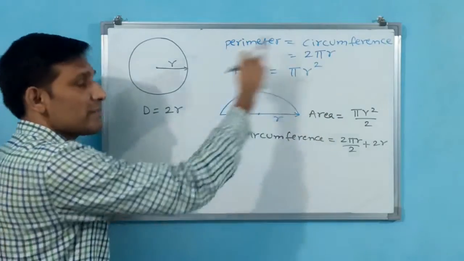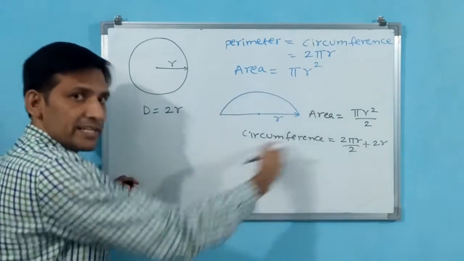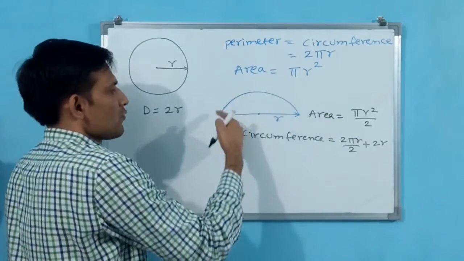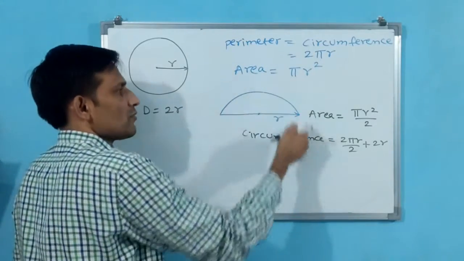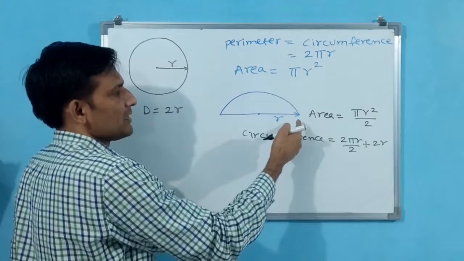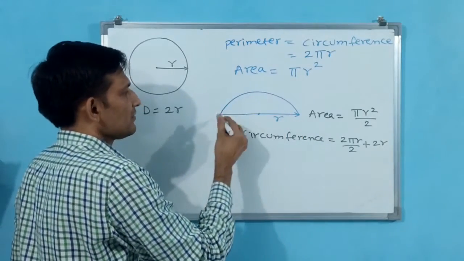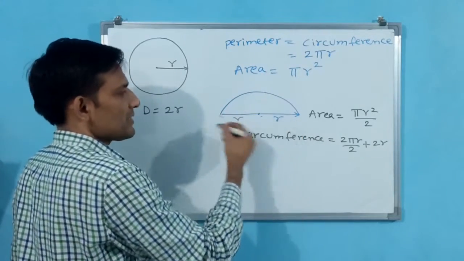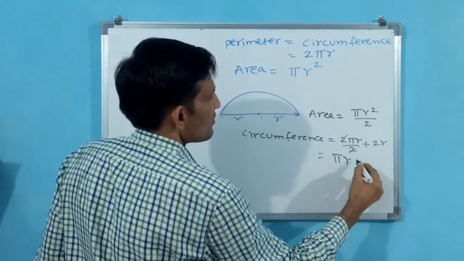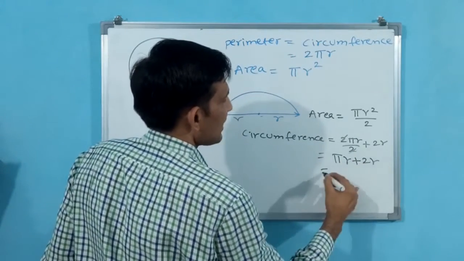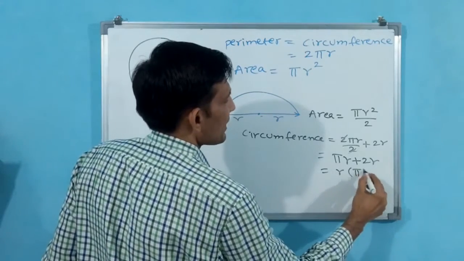Because perimeter is a linear dimension. Circumference is a linear dimension. This is 2 pi r, but half you have taken. 2 pi r by 2 means pi r. But what about r and r? r plus r is 2r. That means circumference here is going to become pi r plus 2r. If we take r common, r times pi plus 2.